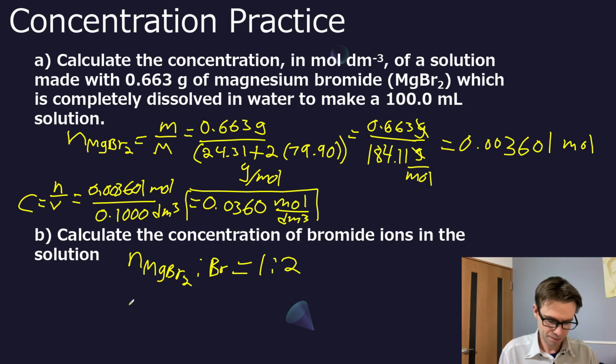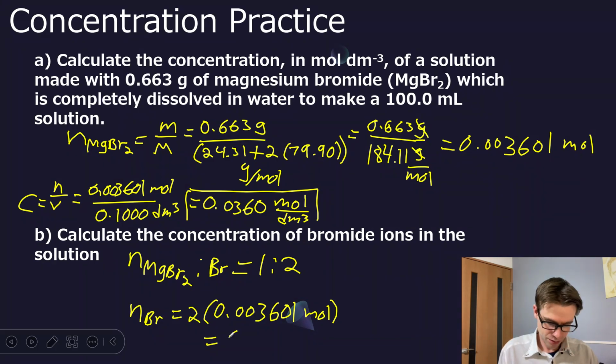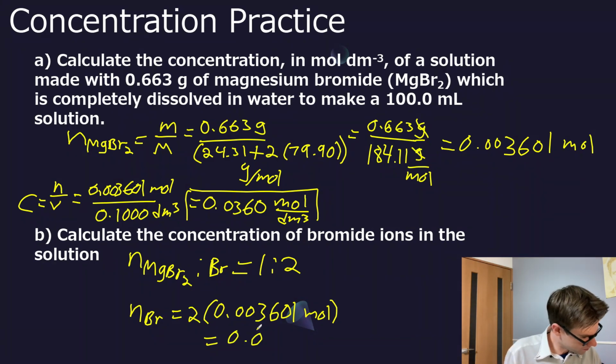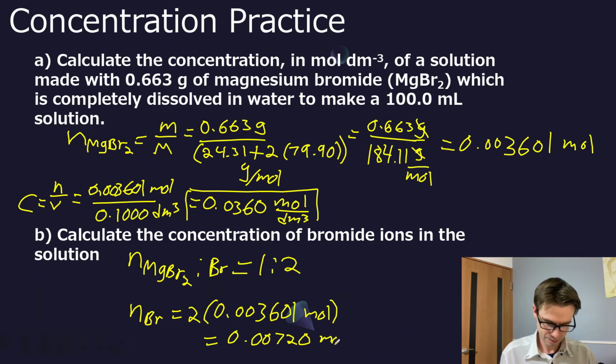And that means the number of moles of Br is simply double the number of moles of MgBr2. So 0.00720 roughly.